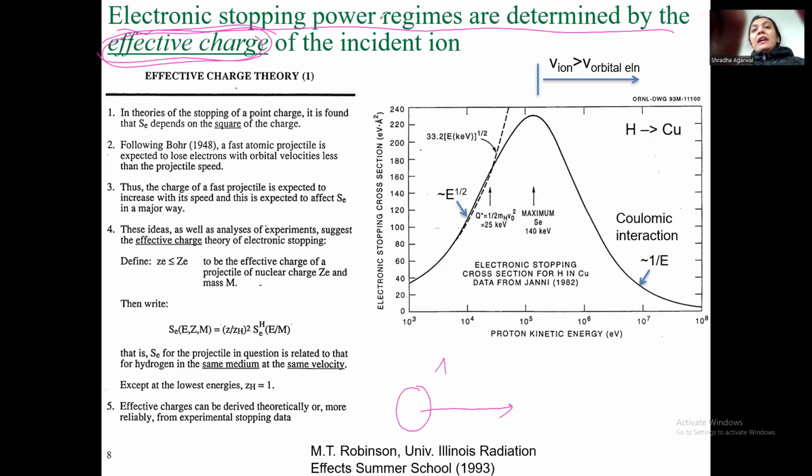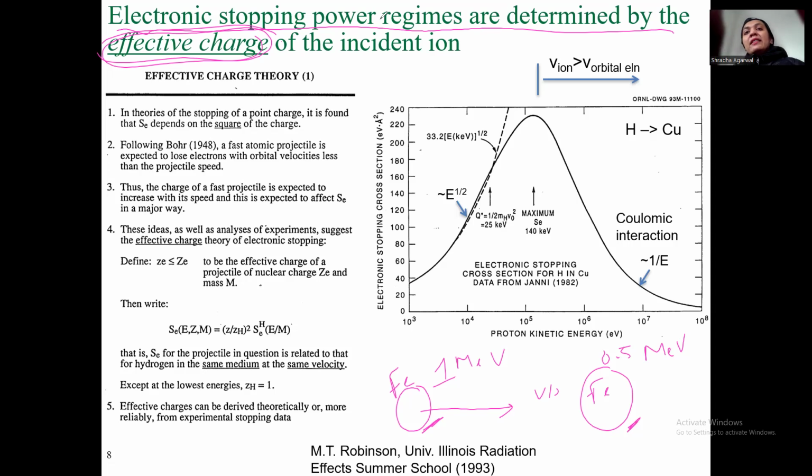So this is the incident ion. If it is very high energy, 1 MeV, versus something like 0.5 MeV, and let us say the incident ion is iron, it will have a different electronic stopping power. So one leads to the other.